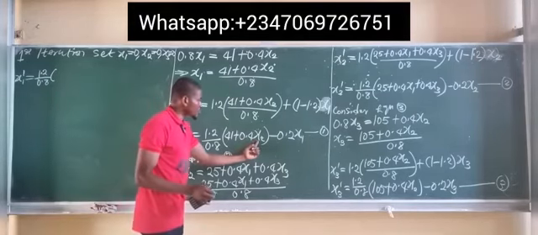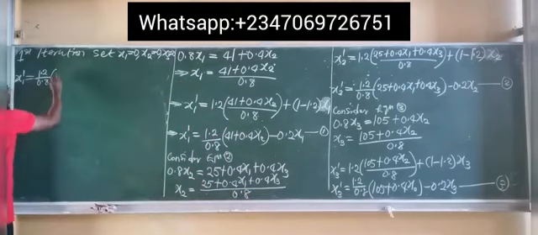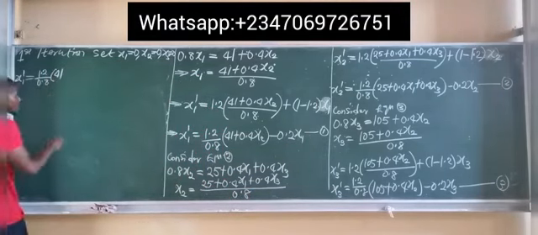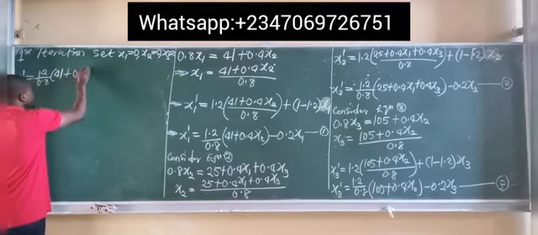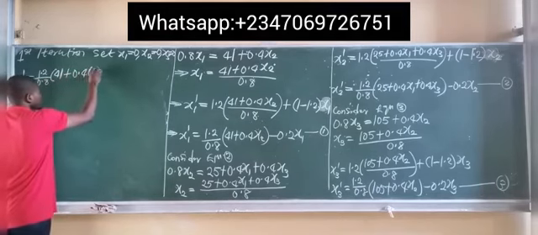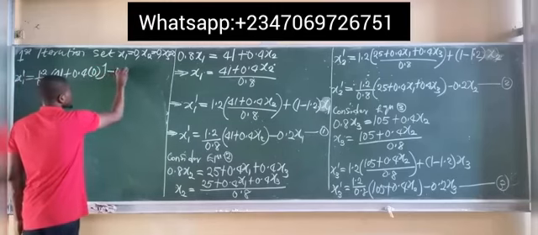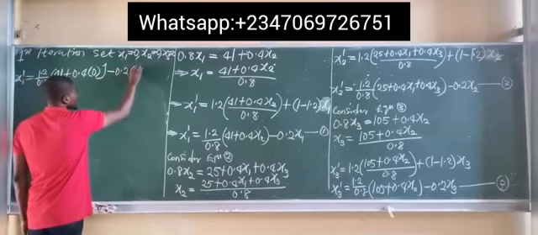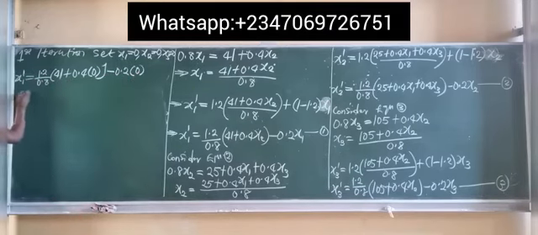So this x2 here becomes 0, this x1 becomes 0. You simply have 41 plus 0.4, in place of x2, we said let x2 be 0, minus 0.2, we said also let x1 be 0, times 0. So therefore, x1 prime or x11 is equal to 1.2 all over 0.8.